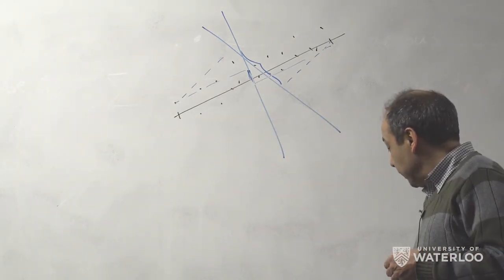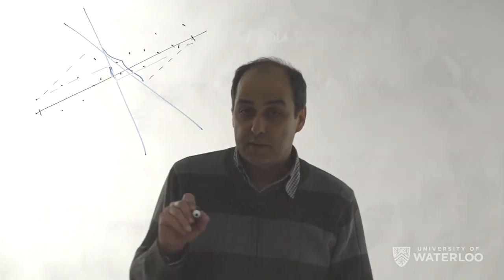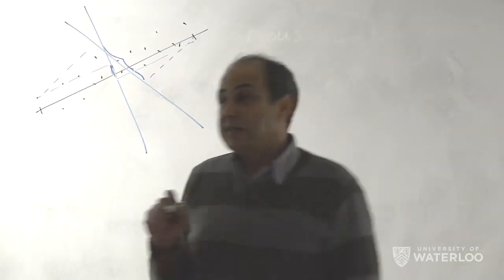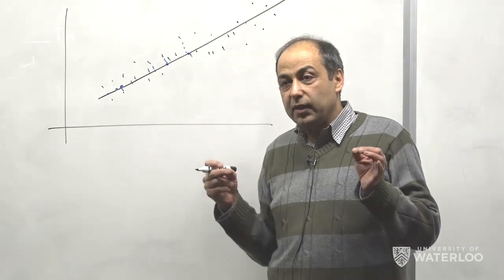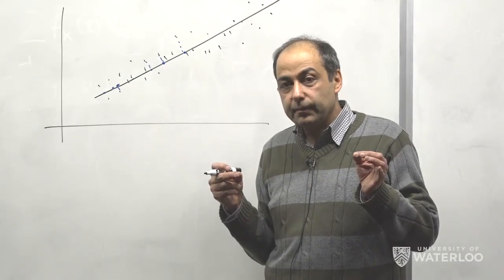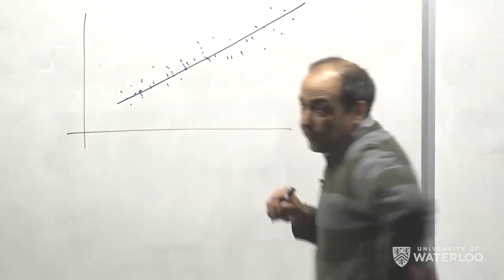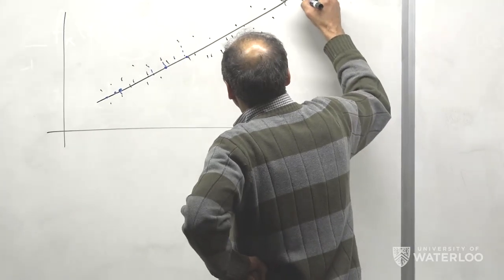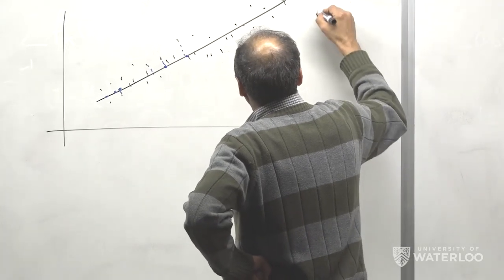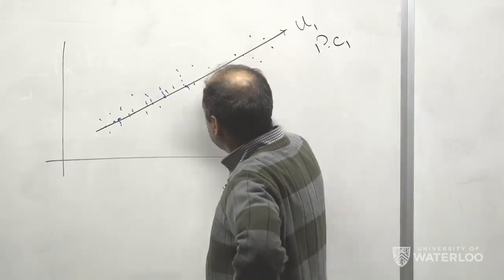So one definition of PCA is that the first principal component is a direction that captures the maximum variation of the data. So basically, that's going to be the first principal component, which I call U1.